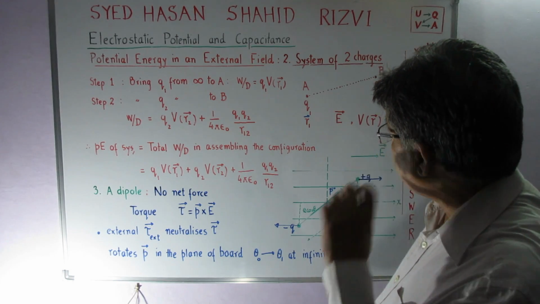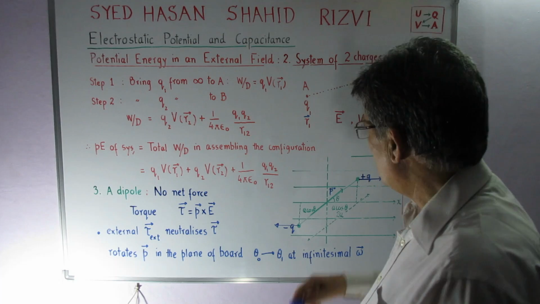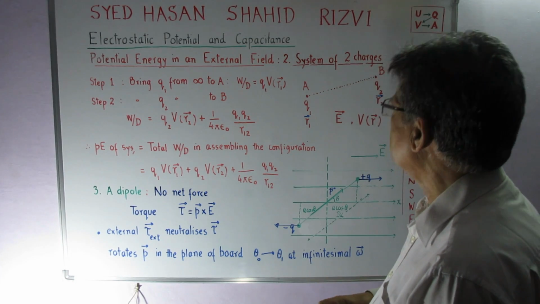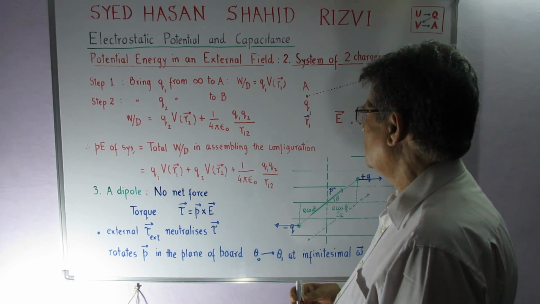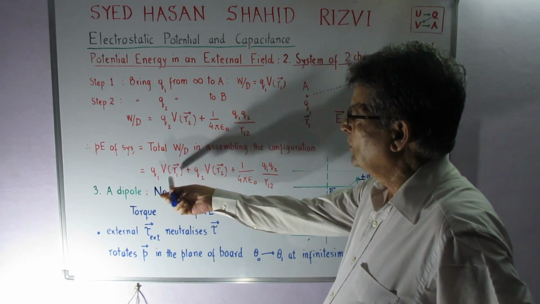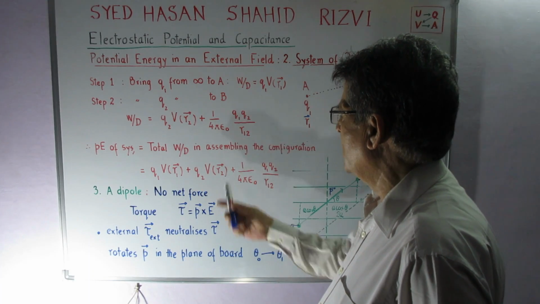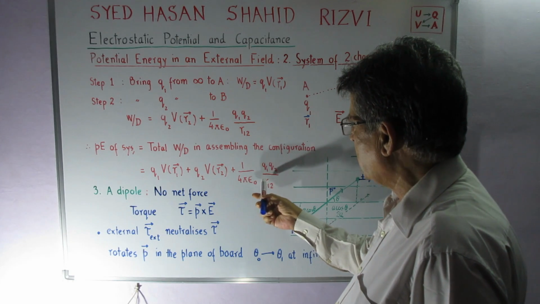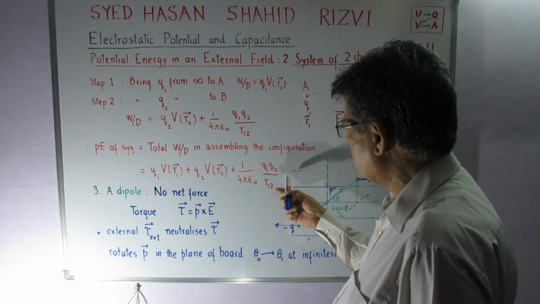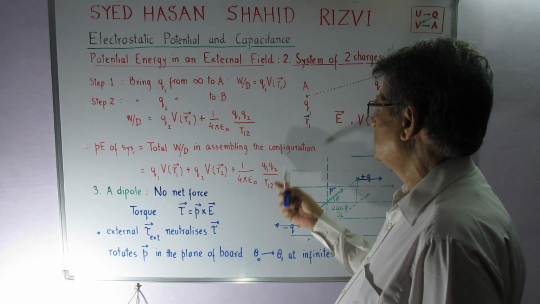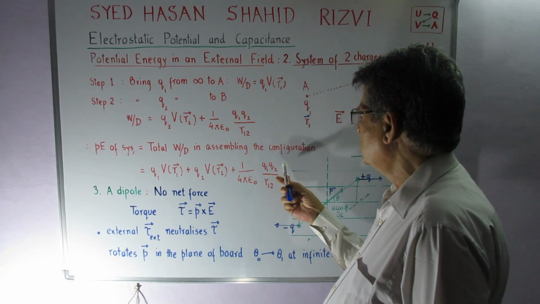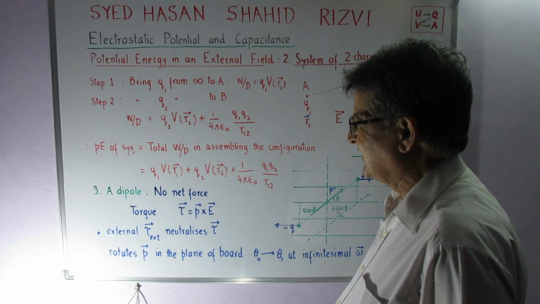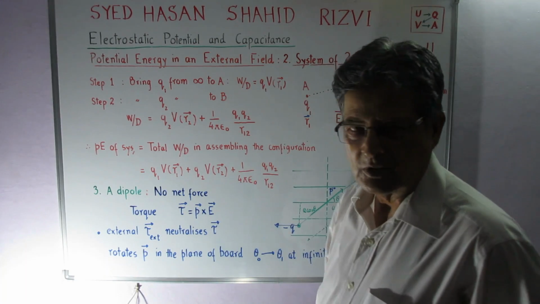Well, if I extend it from 2 to 3, I have a charge here at the point C located at R3, and the value of the charge is Q3, etc. Then we will have Q1 V(R1) plus Q2 V(R2) plus Q3 V(R3) plus 1 upon 4 pi epsilon naught Q1 Q2 upon R12 plus 1 upon 4 pi epsilon naught Q2 Q3 upon R23, etc. So this you can work out.